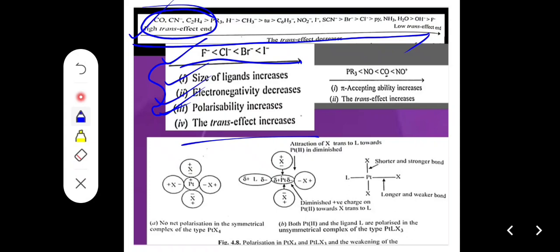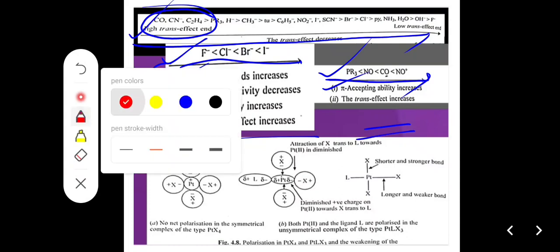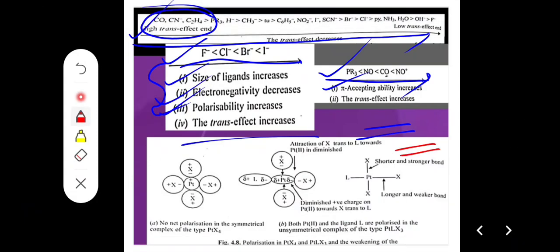Now PR3, then NO, then CO, then NO positive. That is from left to right, when we go, pi acceptability increases. When pi acceptability increases, they produce metal-ligand double bond character.